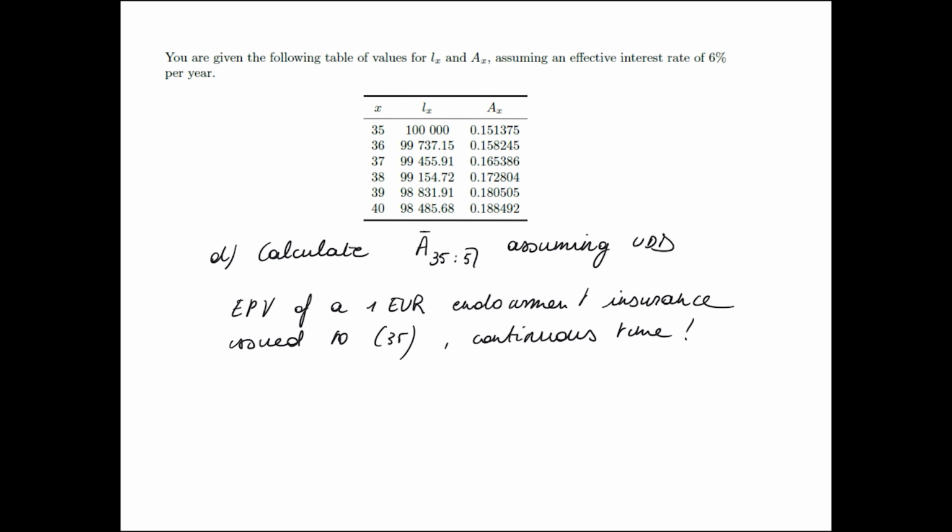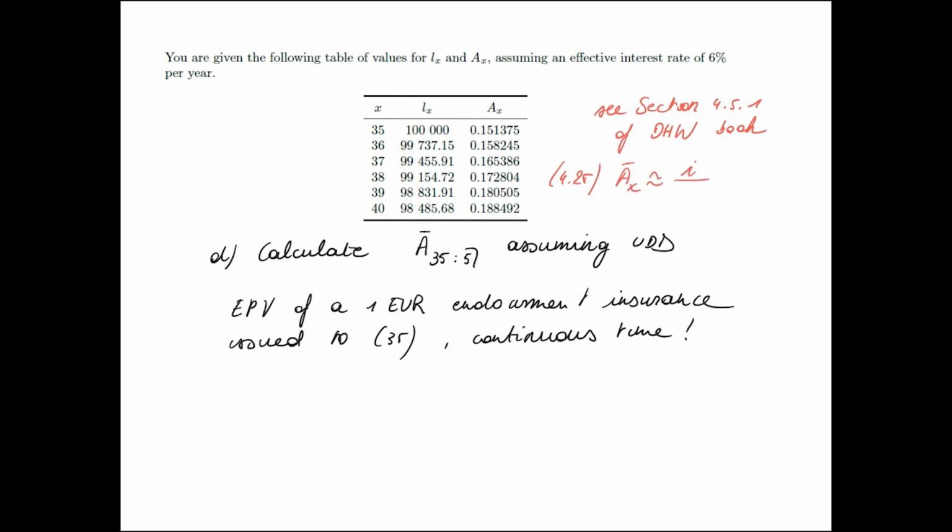This is what we learned in section 4.5.1 of our Dickson, Hardy, and Waters book. There we discussed, more specifically in formula 4.25, that I've got the following approximation formula.